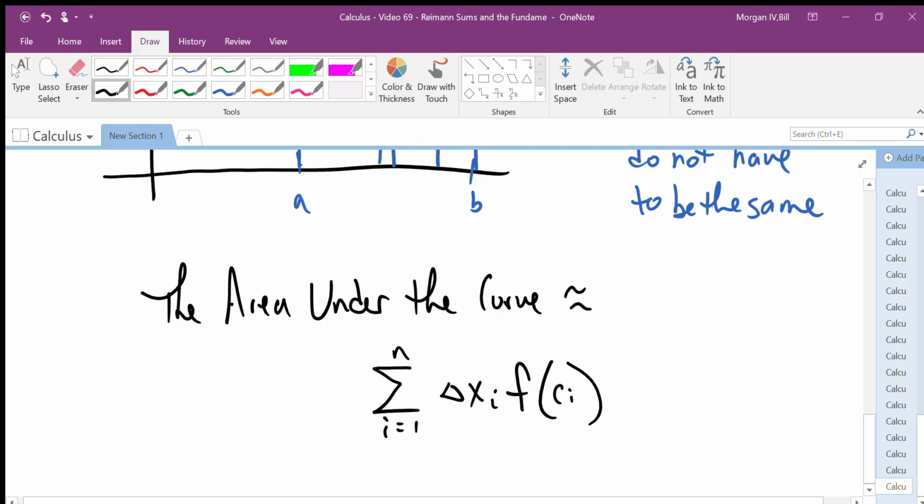Now what we've done is we've generalized it to allow the height to come from any point within the subinterval and the width to be different for different rectangles.